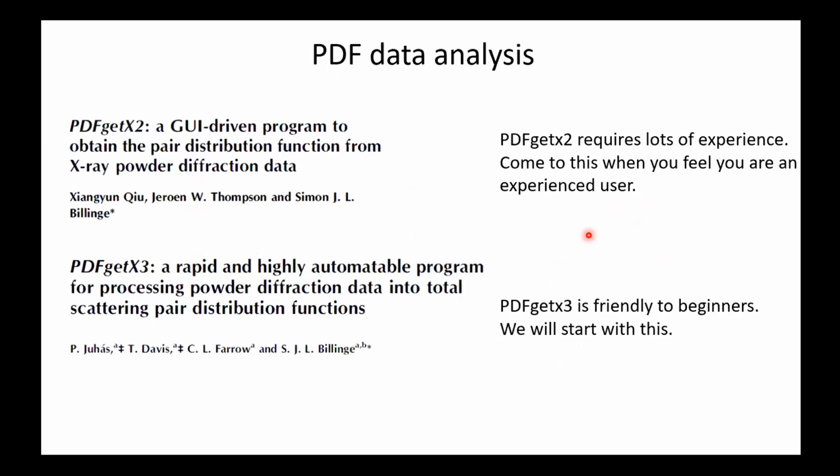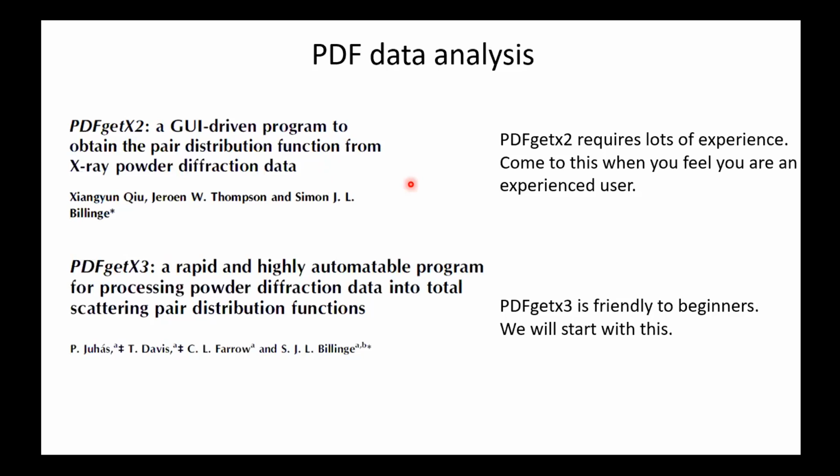And in terms of software, I just want to mention there are a bunch of other softwares, but mainly we're using the software from Professor Simon Billinge's group. So this one is PDFgetx2. It was developed a relatively long time ago, and that one requires lots of experience.